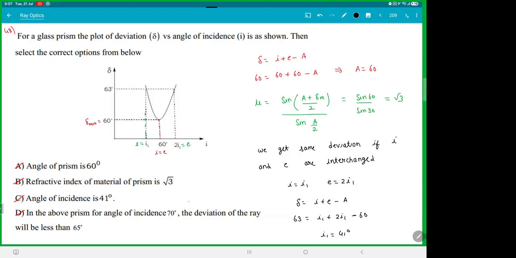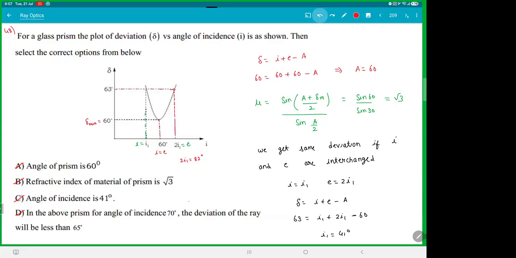What about D? In the above prism, for angle of incidence of 70, now look at the value here. I1 is 41. That means the angle of emergence E here is how much? 2I1 is 82 degrees. 82 degrees is giving you 63, meaning 70 degrees would be somewhere here.